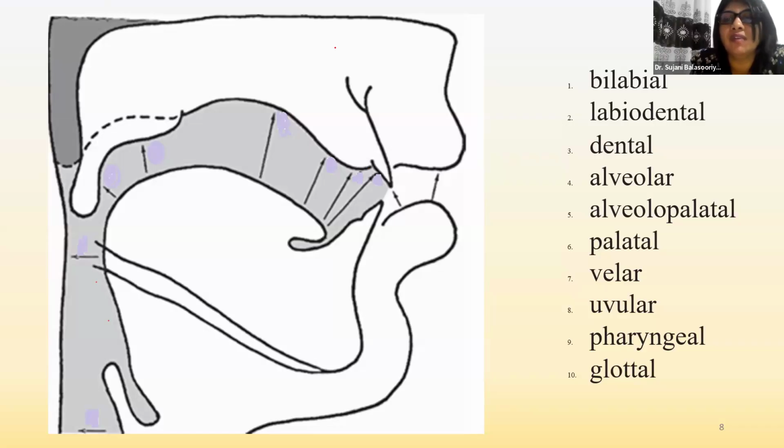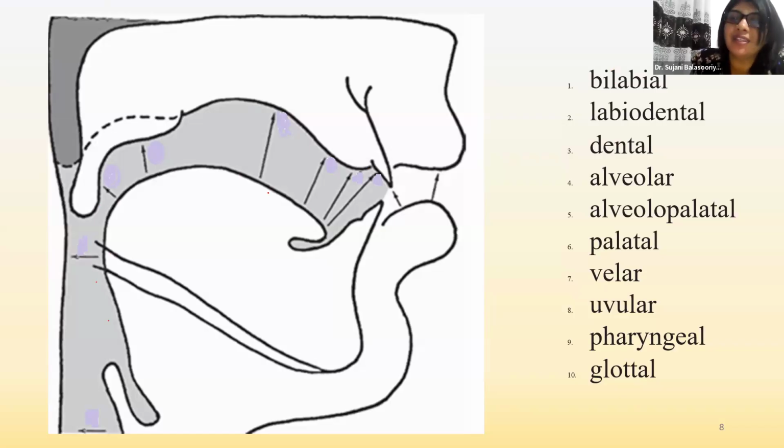So then you have very, very small work, right? 1 to 10, you have the types of consonants according to place of articulation from bilabial to glottal, right? And you have arrows indicating the relevant places in the diagram.